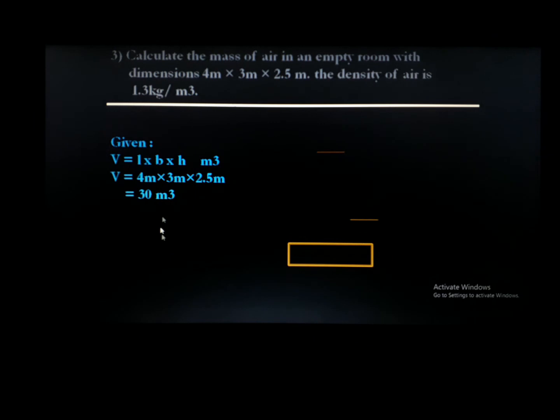And meter into meter into meter, it will become meter cube. So volume is equal to 30 meter cube. And in the question, density is here, that is 1.3 kg per meter cube. So we have to find out mass now. So write the formula, density is equal to mass divided by volume.